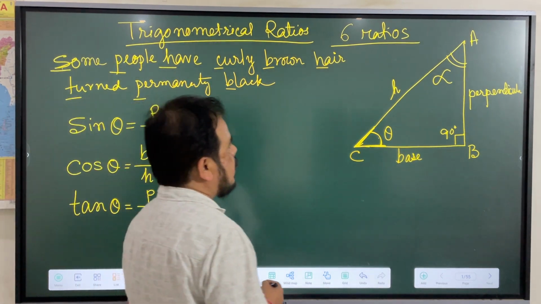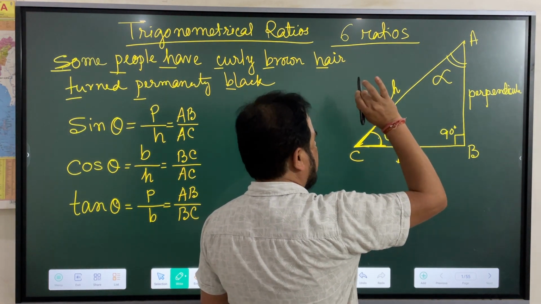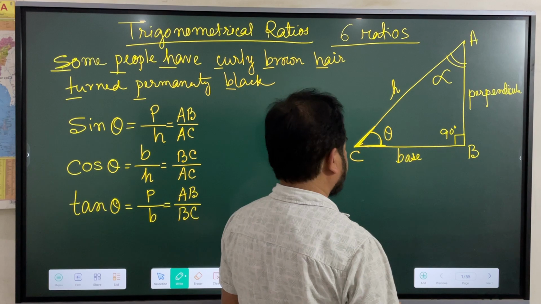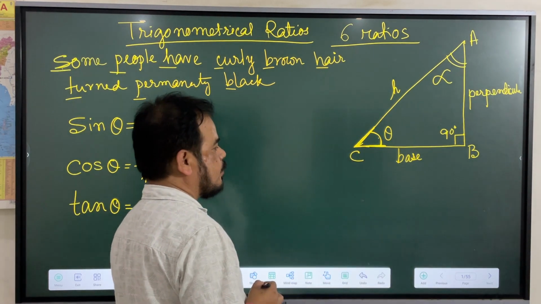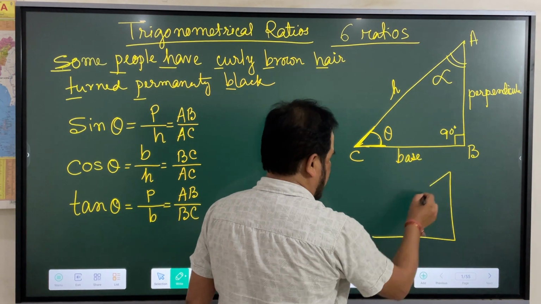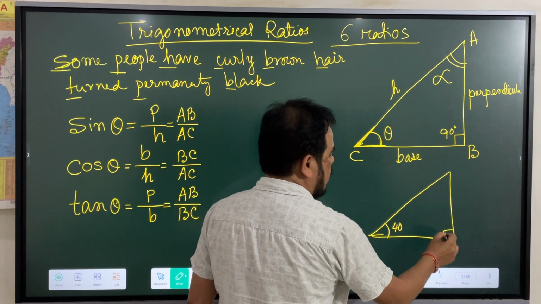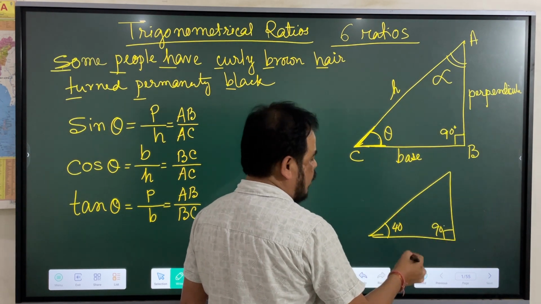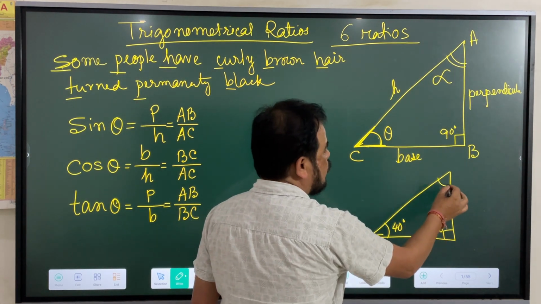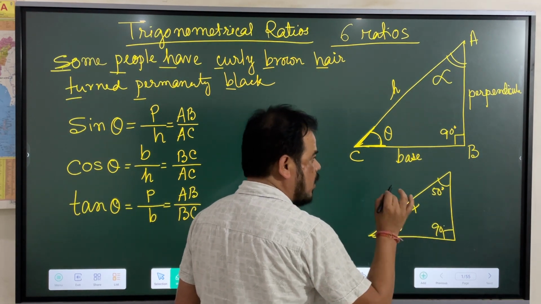Now, since with respect to this we have understood which is base and which is perpendicular, with respect to this we will see now. This is a right angle triangle. In this right angle triangle, if it is 40 degree, this is 90 degree surely, because it is a right angle triangle. If it is 40 degree, surely this will be 50 degree, because 40 plus 50 is 90 degree, 90 plus 90 is 180 degrees.